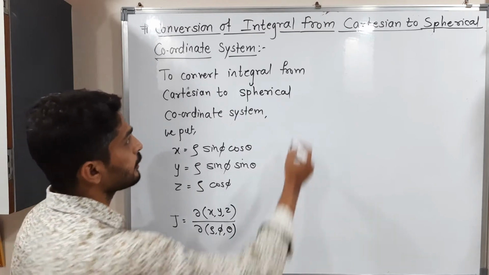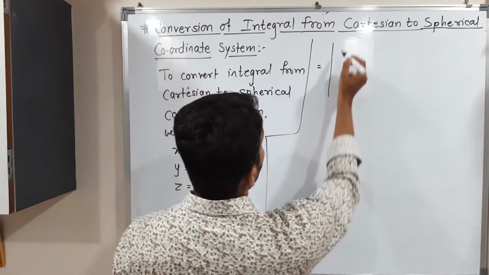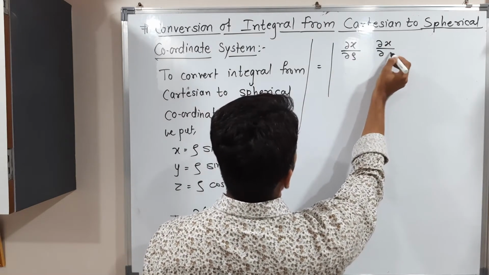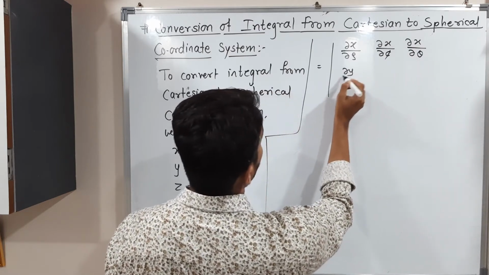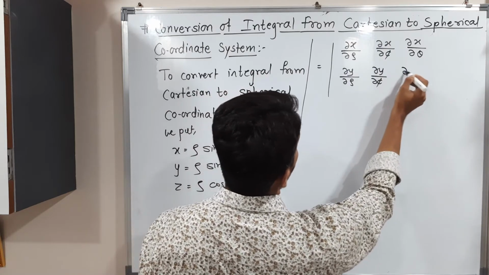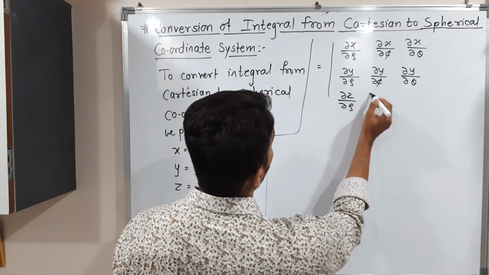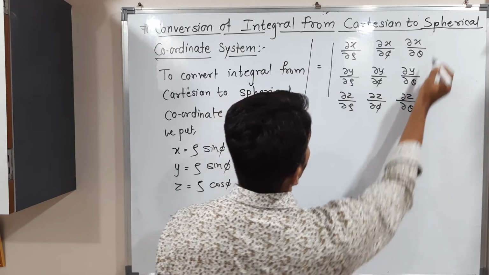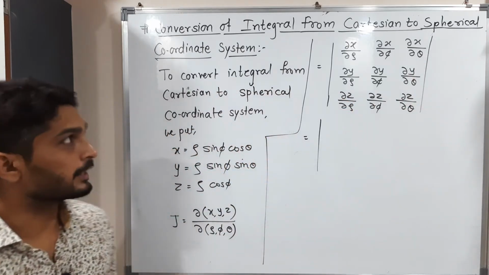You know the definition of Jacobian now. So this is equal to del x by del rho, del x by del phi, and del x by del theta. Similarly, derivative of y with respect to rho, phi, and theta, and derivative of z with respect to rho, phi, and theta. So please help me to find the value of this determinant.